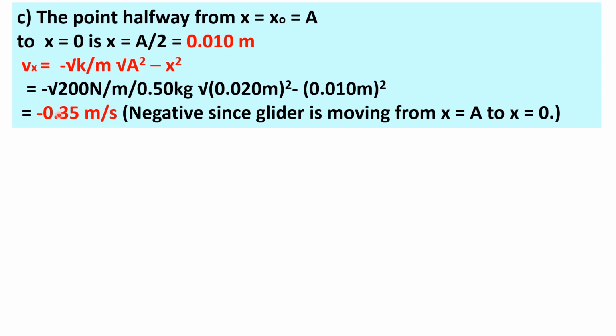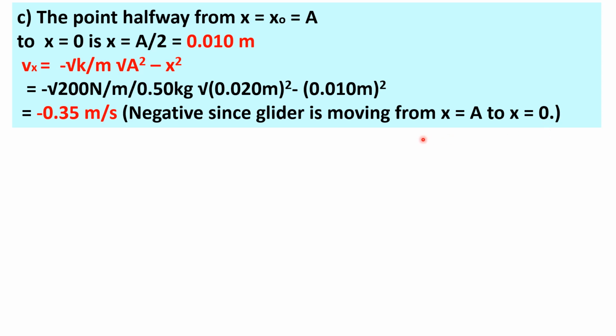The negative sign here, which is the result of simplifying what we have here, implies that the glider is in fact moving from the maximum displacement x, which is equal to A, towards the value of x equal to 0.